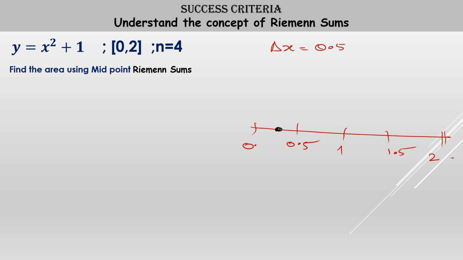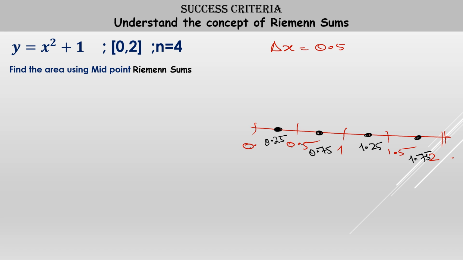This is the midpoint of the rectangle. To calculate the midpoint, we add 0.5 plus 0, divided by 2, gives us 0.25. 0.5 plus 1 divided by 2 gives us 0.75. Similarly here 1.25 and then 1.75.